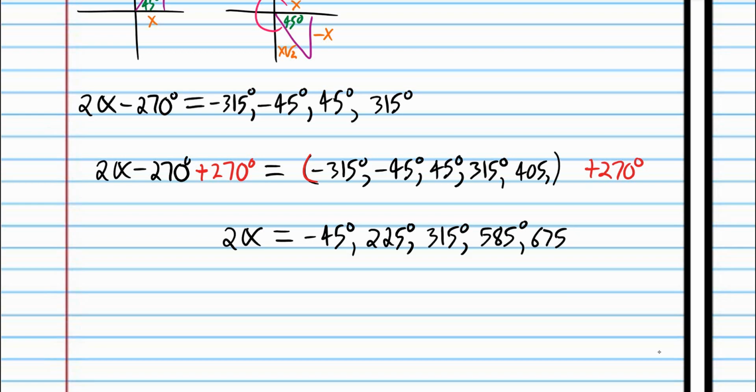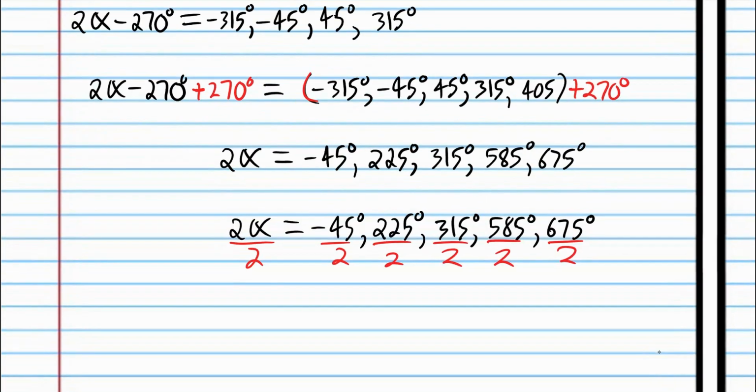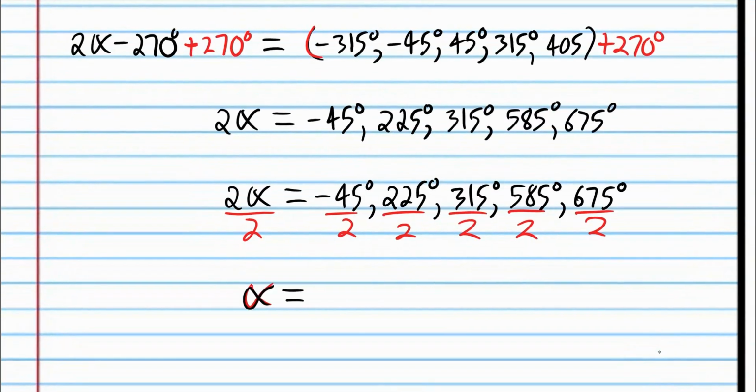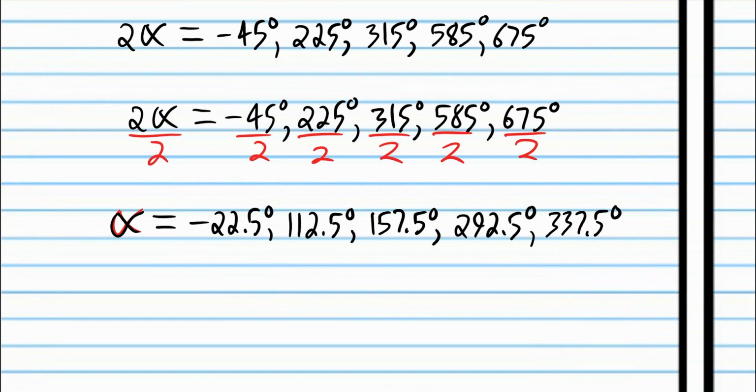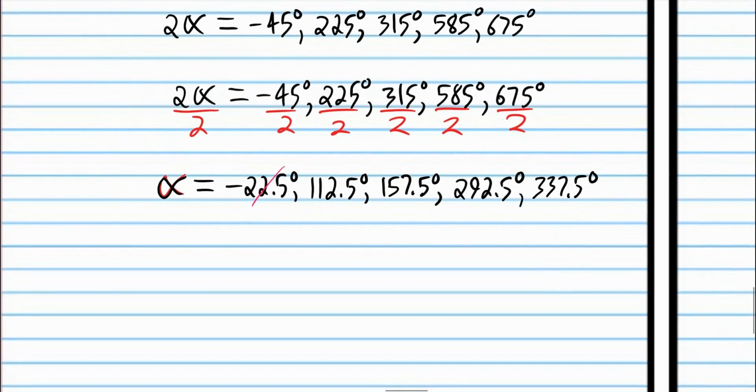So maybe we'll just leave it there. Okay, so now let's divide everything by 2, and we get negative 22.5 degrees, which is not a solution. So you can see that one of these angles is not going to be a solution.